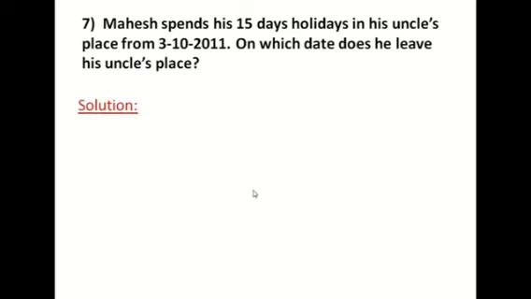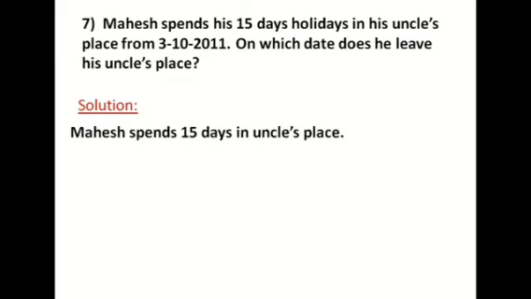So let's start the solution. You can write Mahesh spends 15 days in his uncle's place. He stays there from 3/10/2011. So here the date is very much important. From which date is he staying in his uncle's place? That is 3rd of October 2011.